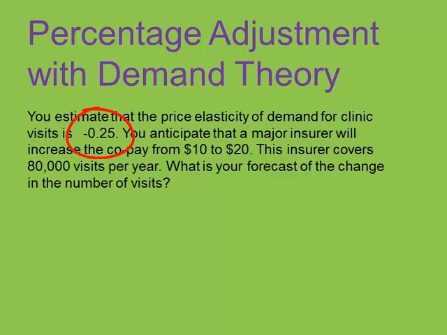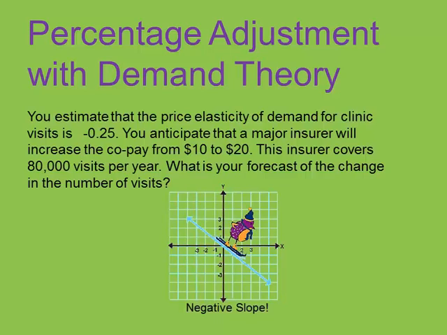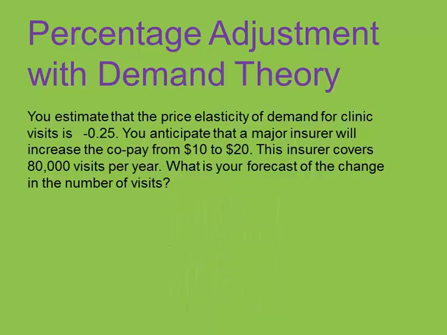Now remember that price elasticity is really how demand responds in relationship to price. And that elasticity number, going back maybe to your high school algebra and geometry, is a slope, and we have a negative number. So here our price elasticity is a negative 0.25.